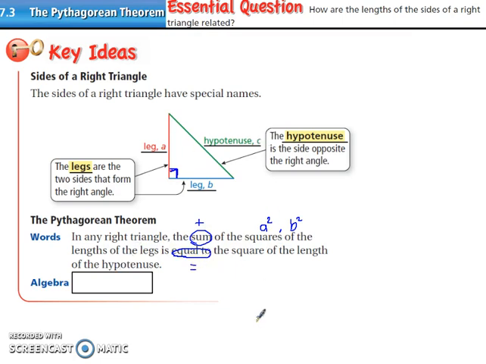Well, the hypotenuse we call C, so the square of that length is going to be C squared. So we're adding A squared and B squared, and we get C squared. Algebraically, our Pythagorean theorem says A squared plus B squared is equal to C squared. A and B are always the legs, and C is always the hypotenuse or the longest side in your right triangle.